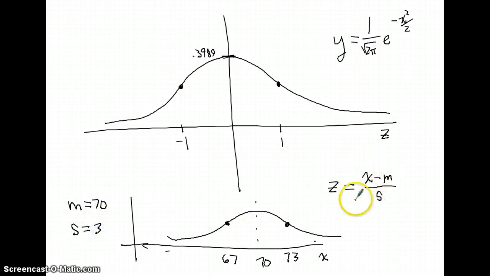Then you just use this, so I would use the graph of this up here. I would be taking the data from the height of the people, and I would just call z each person minus 70 over 3. And when I graph that, I would get something more like this.